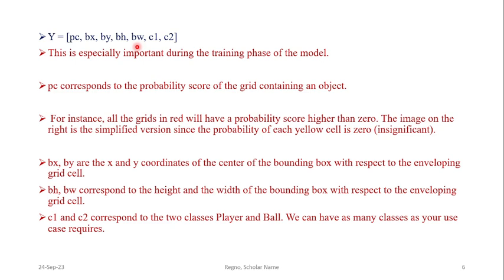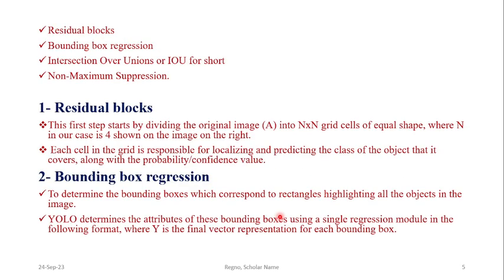BH and BW are the height and width of the bounding box with respect to the enveloping grid cell. C1 and C2 represent the two classes, player and ball, because we can have many classes, but here we are going to see players and ball only, as in the image.